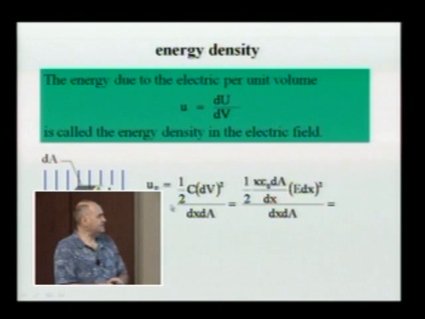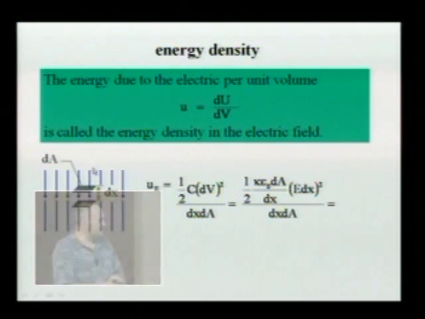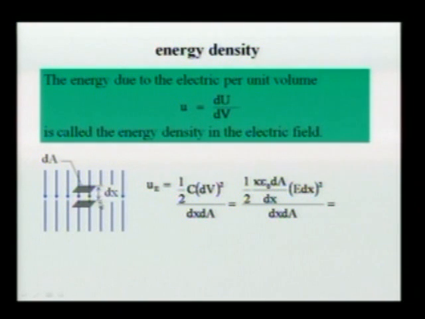Now, the potential difference between the plates is related to the electric field vector. Recognizing that the electric field vector is vertical, and the separation is also in this vertical direction, the potential difference is equal to just the magnitude of the electric field times the separation of the plates. Then the rest is just algebra.